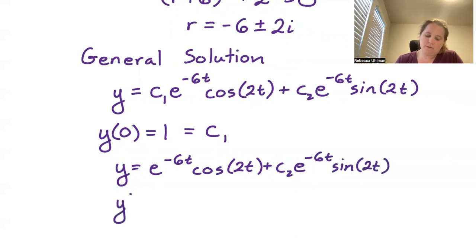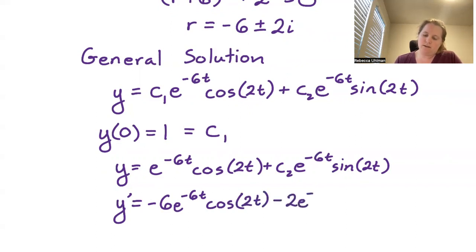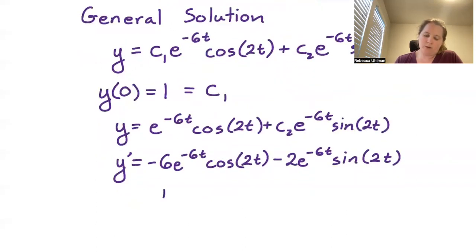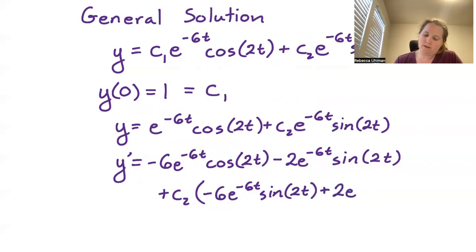If we take the derivative of that, we would have -6 e to the -6t cosine of 2t minus 2 e to the -6t sine of 2t, product rule in the first term. And then we would have plus C2 times -6 e to the -6t sine of 2t plus 2 e to the -6t cosine of 2t.